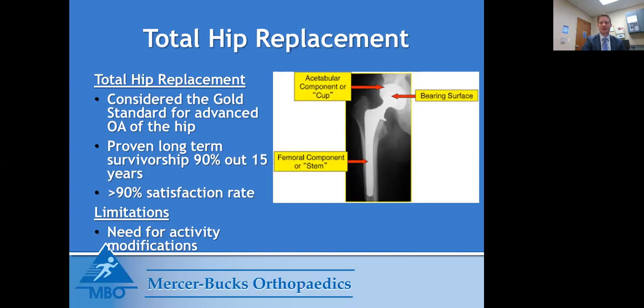This image on my screen points out the major components of a hip replacement when we're looking at an x-ray. In the acetabular component, or the cup, you have the bearing surface, which is the metal or ceramic ball and plastic liner, and the femoral component, which is called the stem.